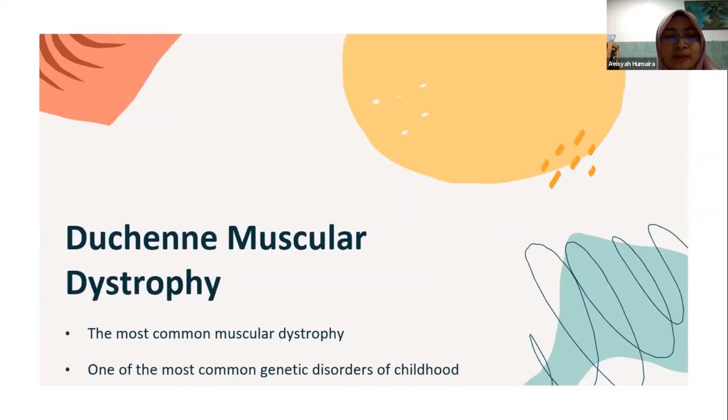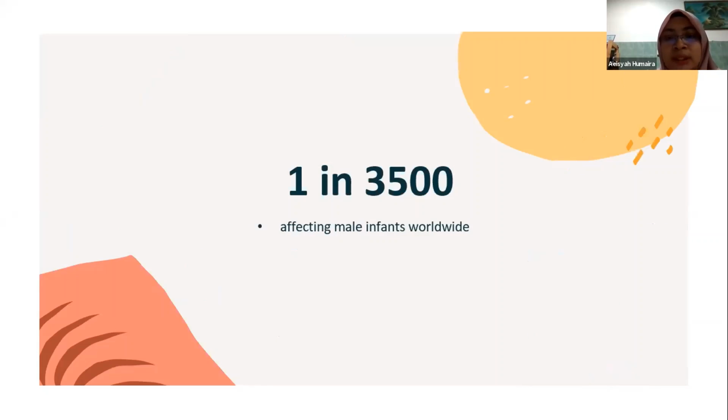Okay, so the thing that I want to enlighten today is Duchenne muscular dystrophy. So Duchenne muscular dystrophy is the most common muscular dystrophy, and also one of the most common genetic disorders in childhood. It affects approximately 1 in 3,500 male infants worldwide.